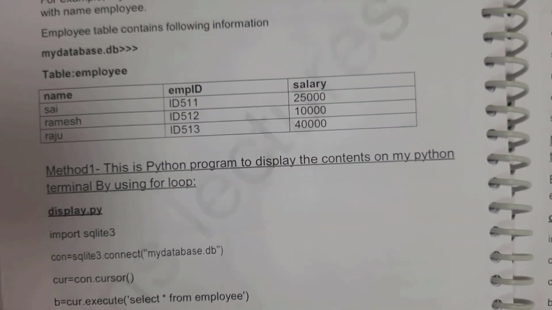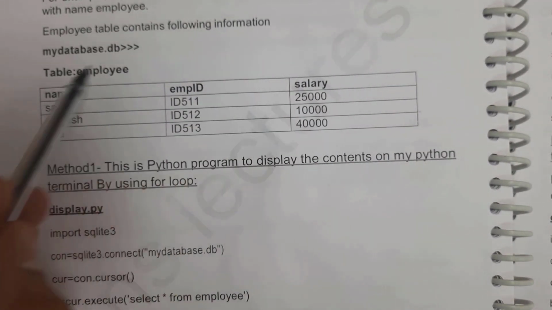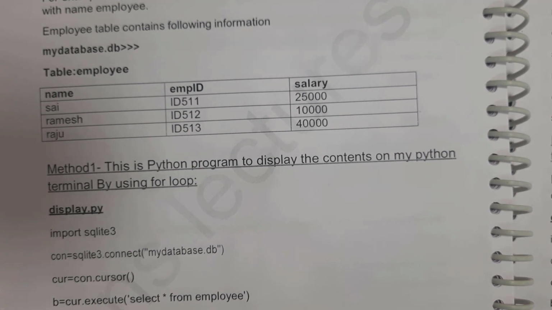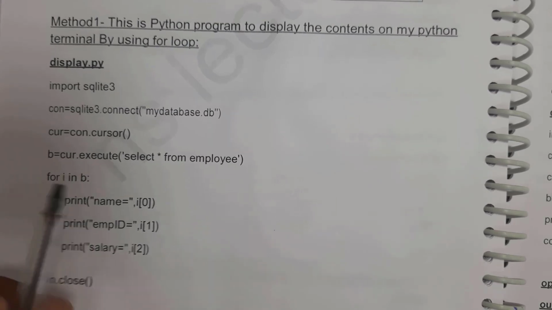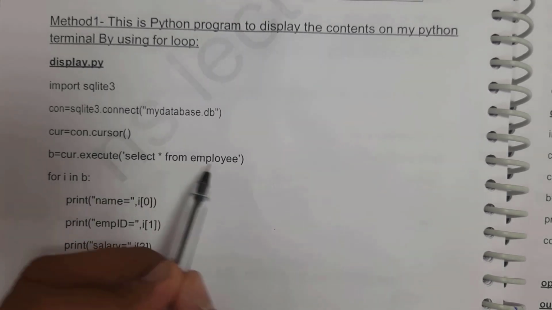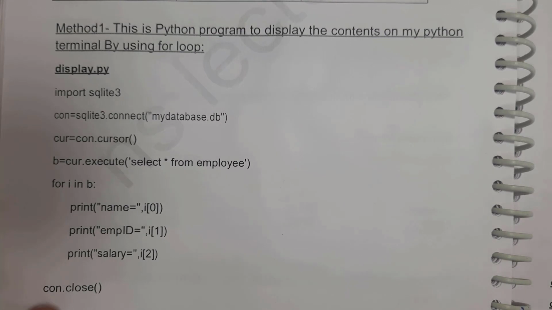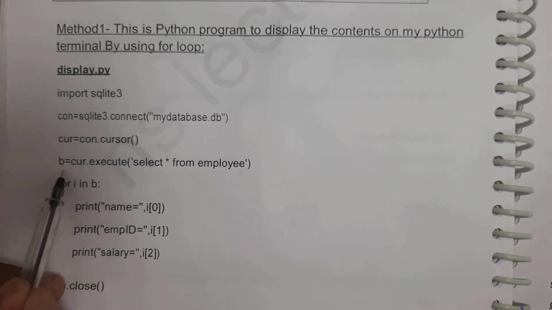Star is nothing but it will select the entire data which is present in the employee table. This is the meaning of star. So whenever I write here b equal to cur.execute in quotations select star from employee, whatever data is present in the employee table, it will store all this data in variable b.